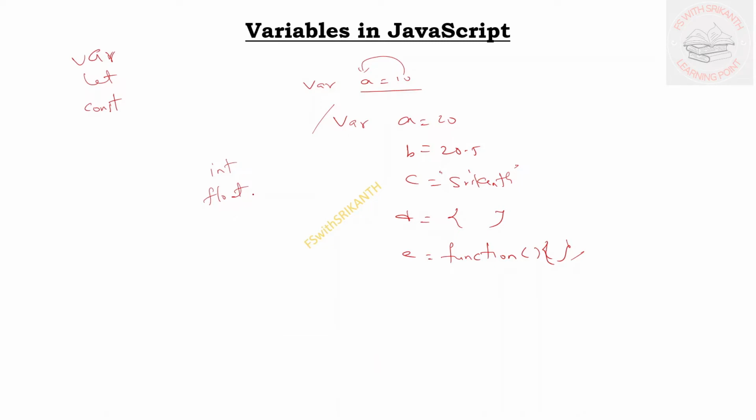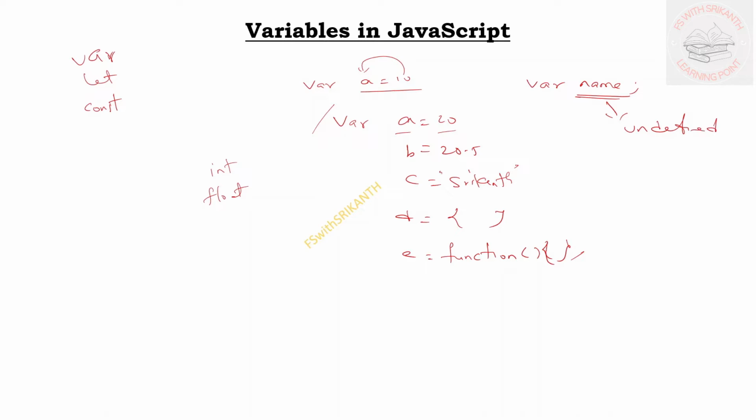By default, the JavaScript interpreter takes that responsibility and provides the type dynamically. If I declare one variable, var name, but do not assign any value to it, then it is considered undefined.